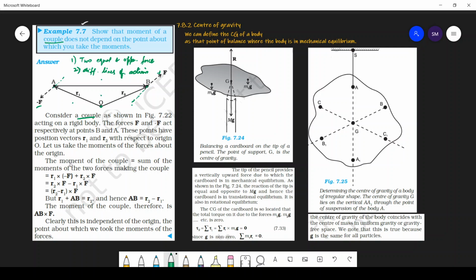Now what is torque? Torque, you know, is equal to R cross F. R is the position vector from the point about which you are going to take the torque, about which you are going to take the moment. So we are going to take the moments about this point.